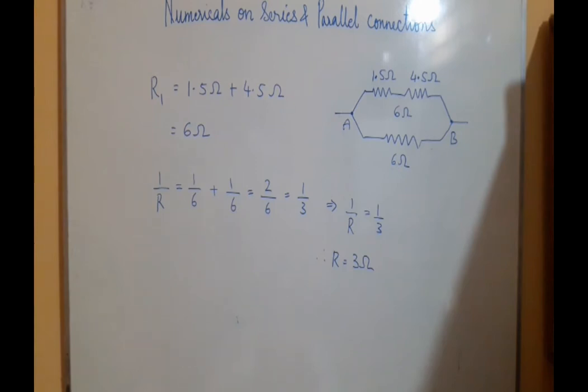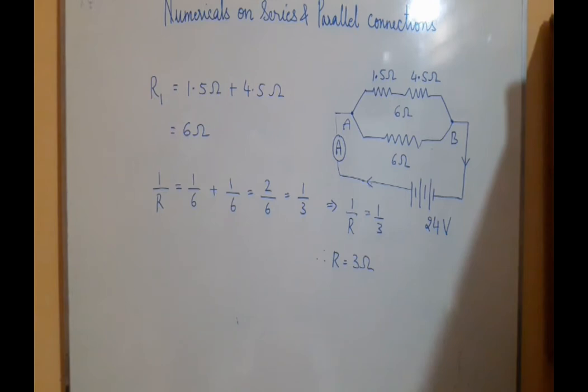Now what I am going to do next is attach a battery to the circuit and we'll find out the individual current and the individual voltage passing through the circuit. Okay, what I've done now, what change can you see? I attached a battery of 24 volt to this circuit.